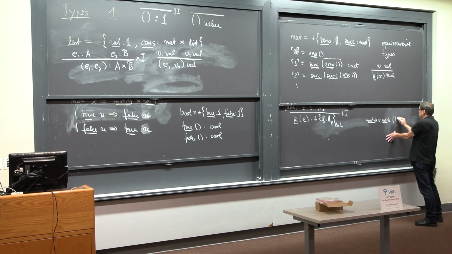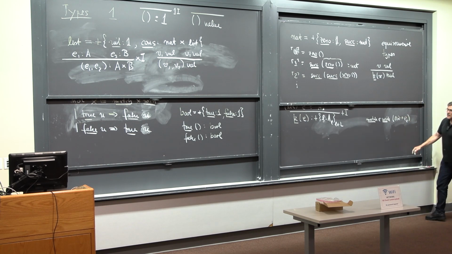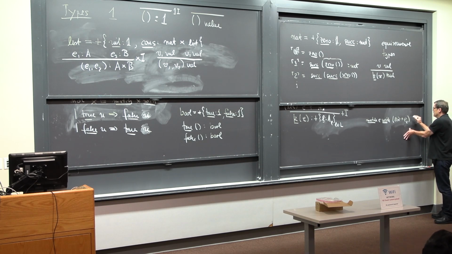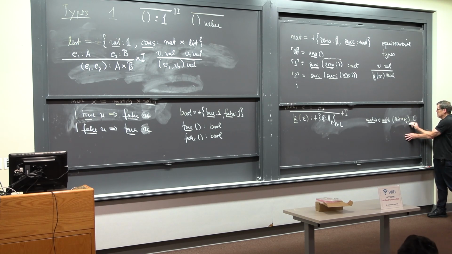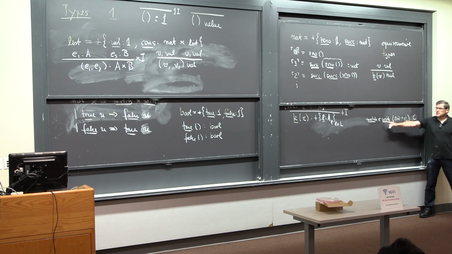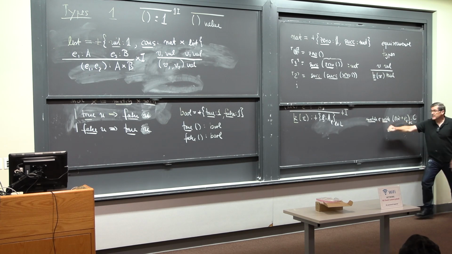They look like L of X, arrow E sub L. And the whole thing has to have some type C. And how many branches are there? Well, the L should be drawn from some index set, and that index set should be determined by the type of E.